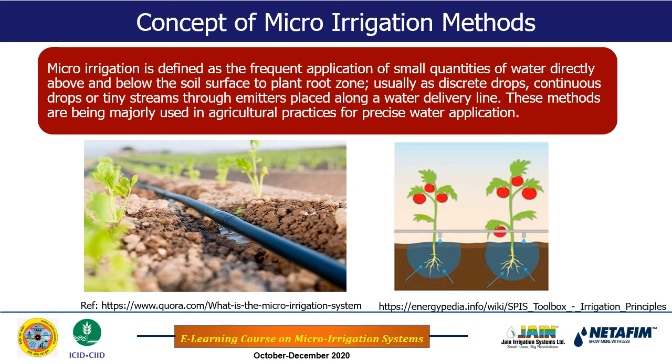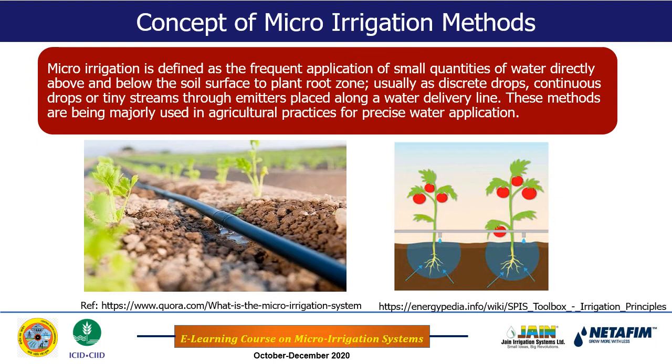But in the case of the micro irrigation method, we can apply the exact amount of water. For example, if today's water requirement is 2.3 millimeter, and for that I have to apply 473 milliliter of water per nozzle or per plant, then it is possible by means of the drip irrigation method, by means of the micro irrigation method.